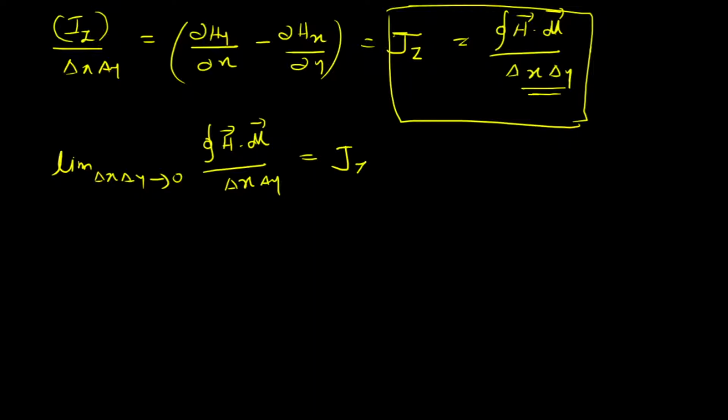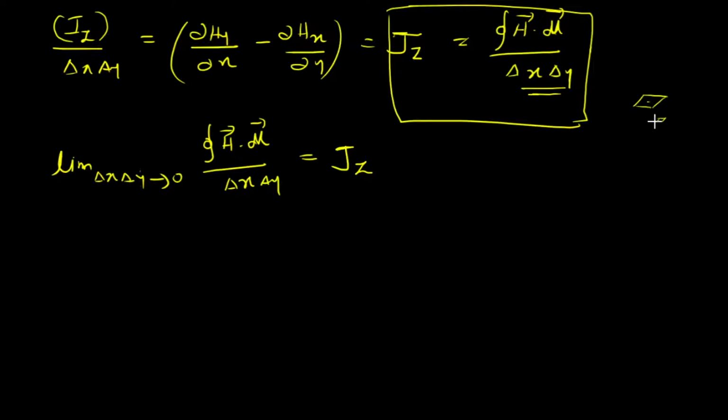Okay, what do you mean by better Jz? Because now Jz acts as a single vector, otherwise also it's a single vector, but it acts as a vector concentrating at a small area or at a point, because the idea of the curl is calculating something at a point. So now when I say that delta x delta y is tending to 0, this area which we have drawn is now very small.